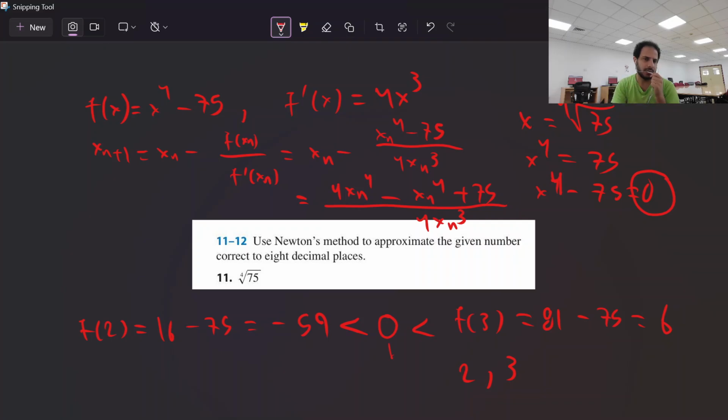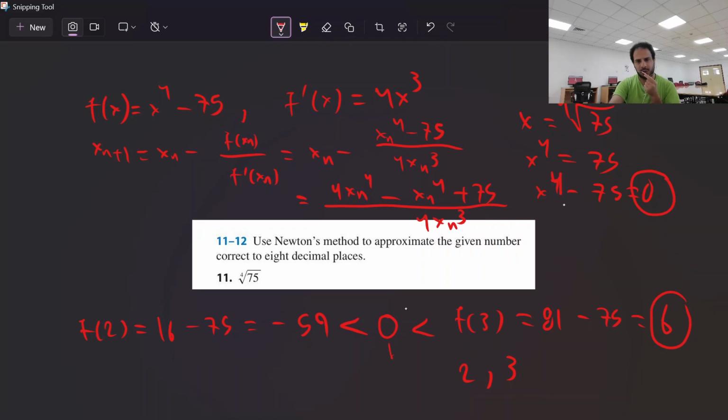Why is 3 better? Because it's close. How do you know that? The value is 6, right?